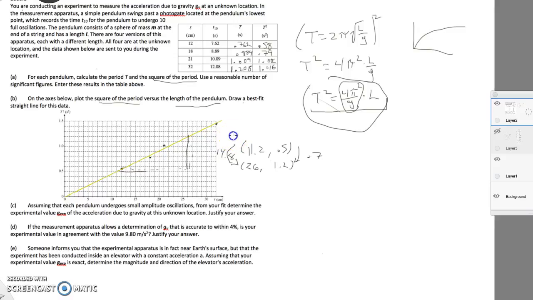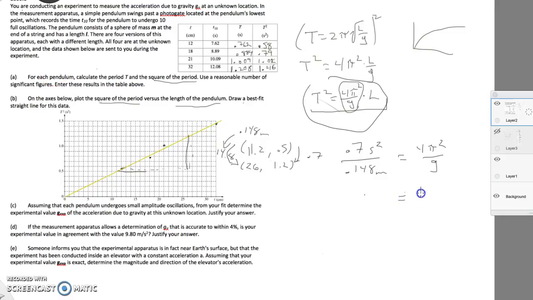We can even convert this to meters, so that would be 0.148 meters. That's seconds squared. And so our slope here would be 0.7 seconds squared per 0.148 meters. We'll set that equal to 4π² over G, and we'll solve this real quick.